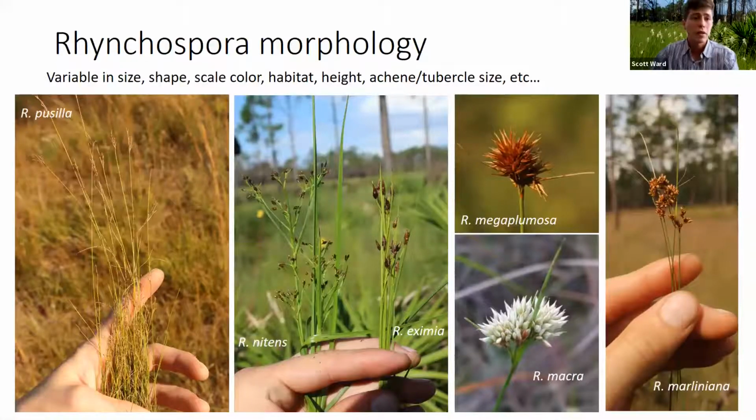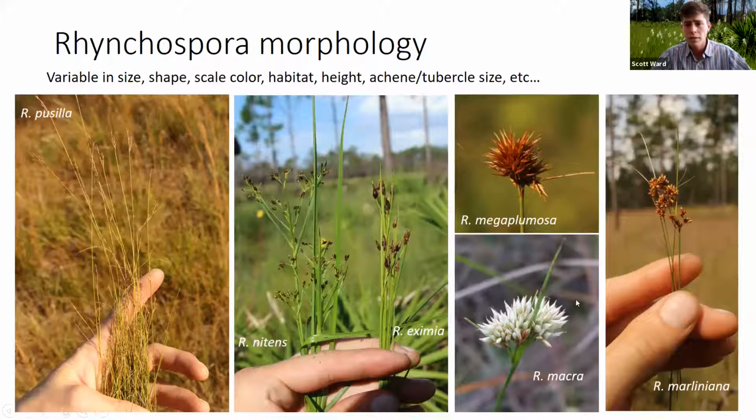So as I mentioned, Rhynchospora can be quite variable in the overall size, shape, color, the habitat preferences, the height of the culms or the stems, and then of course, what I'll finish with today, the achene characters, which are really crucial.